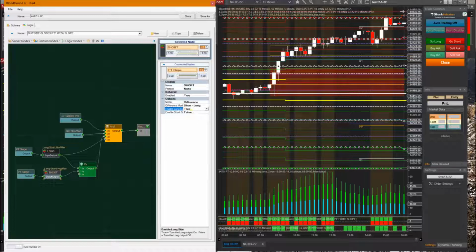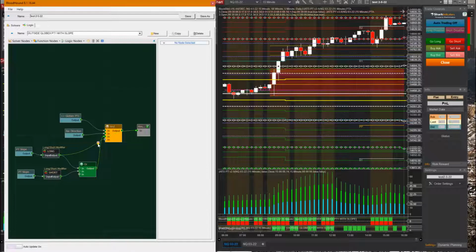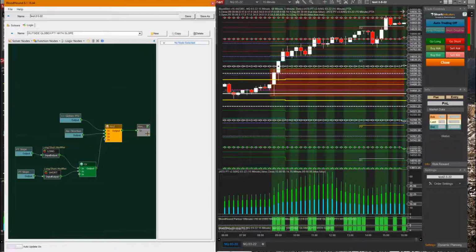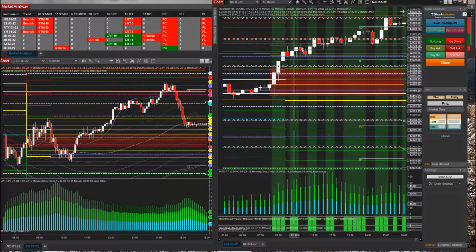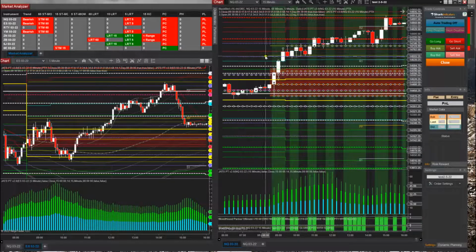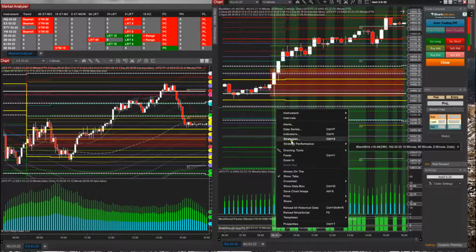So I'll help you. I've got the solver set up for you already. But when you plug everything together through your AND node, that's simple, you get the directional strategy that you're looking for. And again, the algorithm just waits for price to retrace a certain distance before entering the trade.